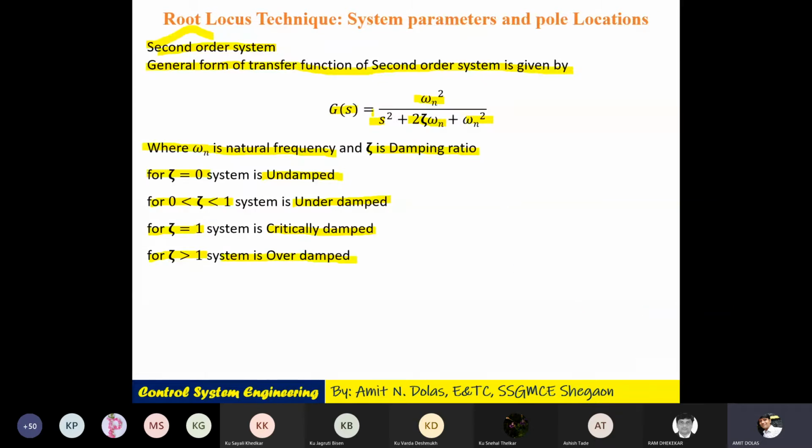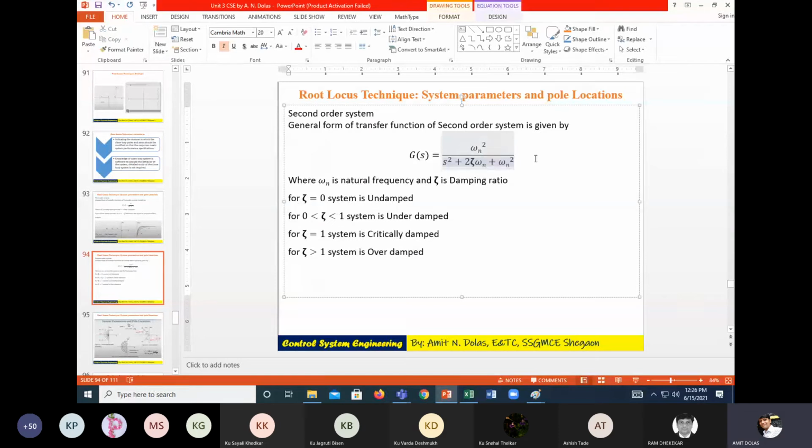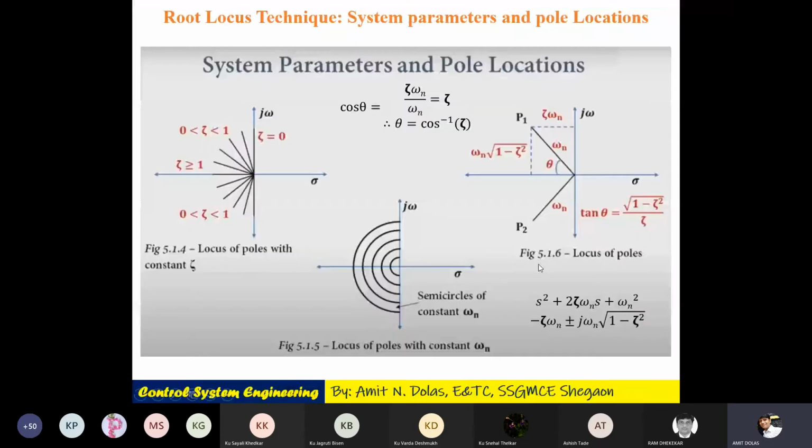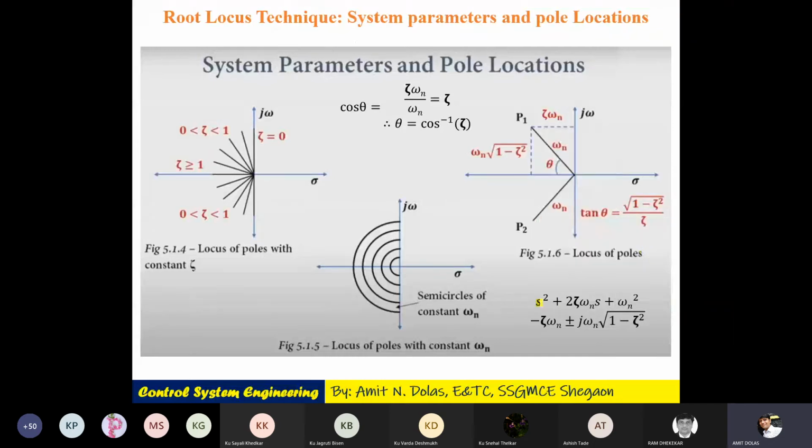There should be s here. So you can see the characteristic equation of the given transfer function is s square plus 2 zeta omega n s plus omega n square.